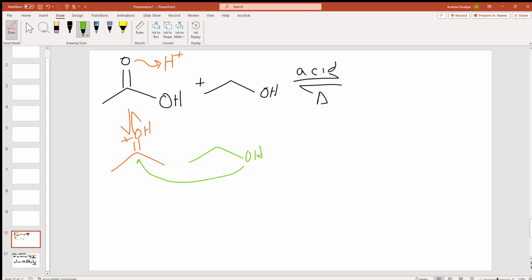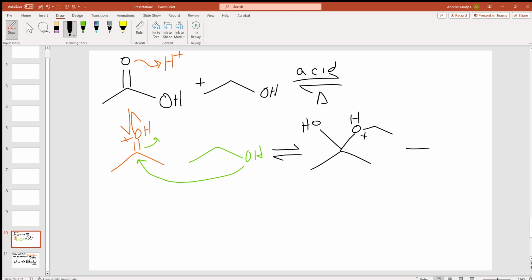But with the activated carbonyl, it adds in, giving us the type of tetrahedral intermediate that is very, very typical for a nucleophilic acyl substitution reaction.